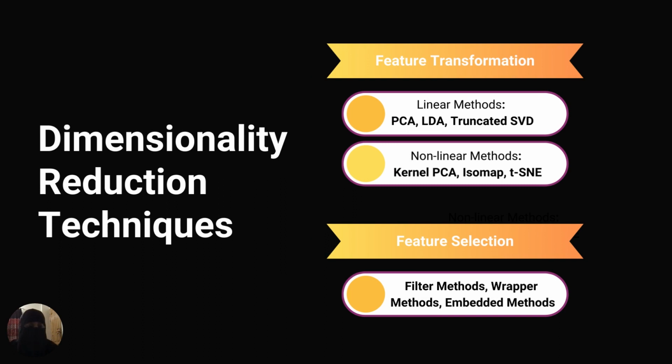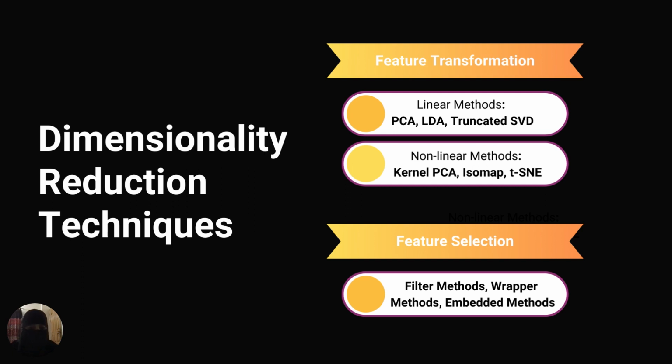Here are a few categories of dimensionality reduction techniques. The first category, feature transformation, includes both linear and nonlinear methods. The linear methods are, for example, PCA, principal component analysis, LDA or linear discriminant analysis, truncated SVD, etc. Nonlinear methods include kernel PCA, isomap, t-SNE.